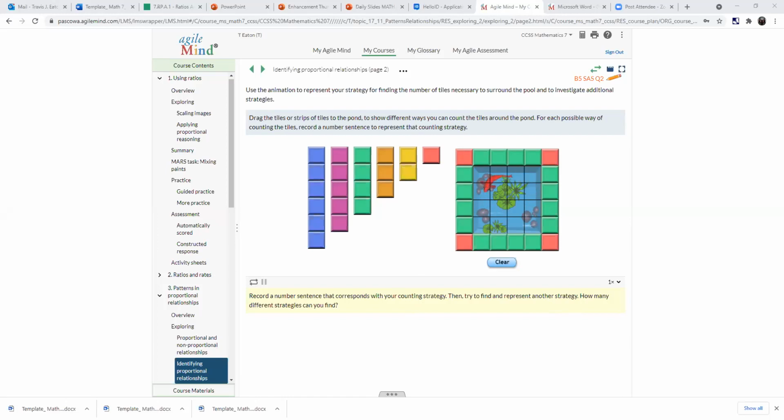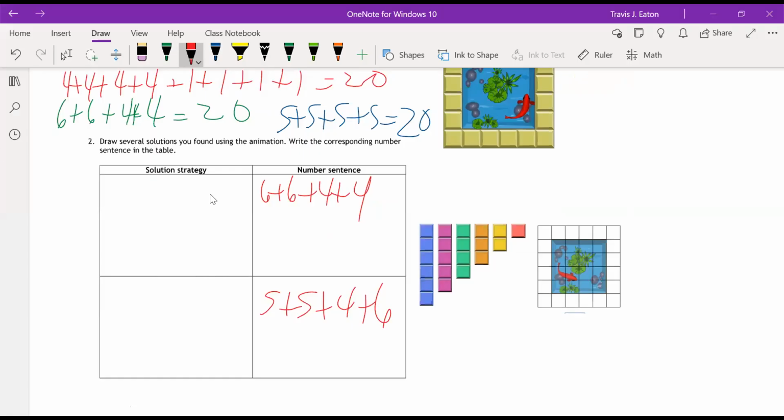So let's go back to the OneNote page. Now you can see that what I did is I didn't draw anything. I just wrote the different strategies in the number sentence. 6 plus 6 plus 4 plus 4 equals 20, and 5 plus 5 plus 4 plus 6, that also equals 20. And as far as the solution strategy, if you want to, you can just write another number sentence like I did. 1 plus 1 plus 1 plus 1 plus 4 plus 4 plus 4 plus 4.